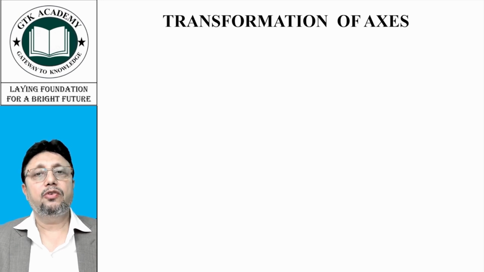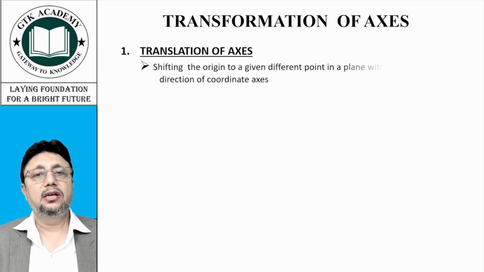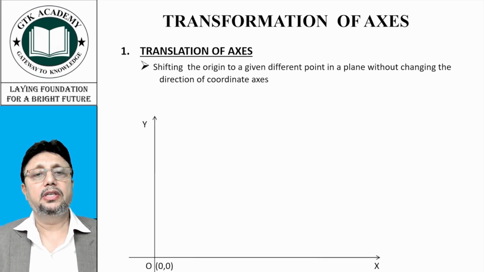So let's see, first of all, how transformation takes place. One, we say, is translation of axes. It means shifting the origin to a given point in a plane without changing the direction of the coordinate axes, that is, they are taken parallel to themselves. For example, this is your axes right now.